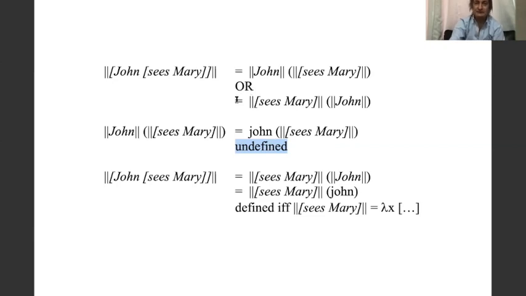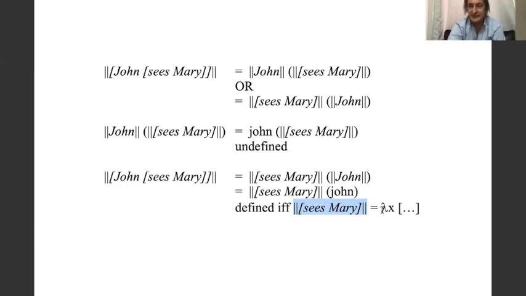The other option, the second option here, takes sees Mary and applies it as a function to the interpretation of John. The interpretation of John is an individual. And so this whole thing is going to be defined if and only if, that's how we read that, IFF, if and only if, the interpretation of sees Mary is going to be something of the following form.